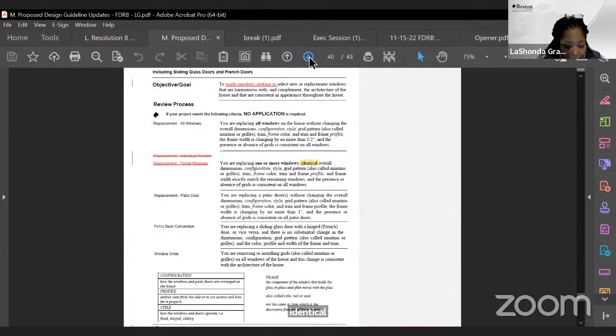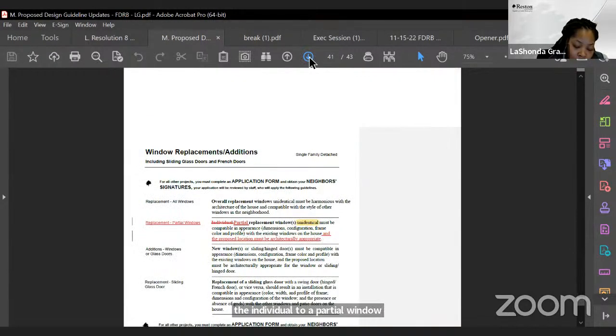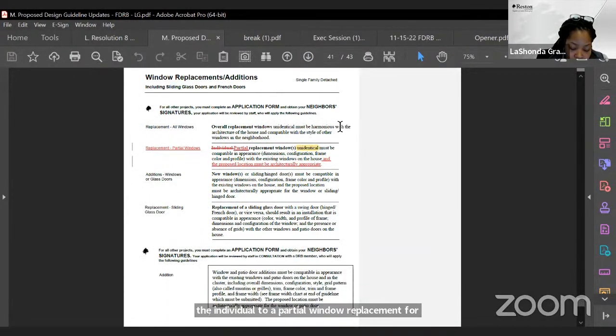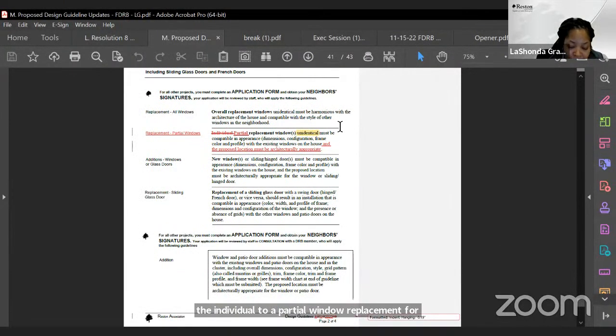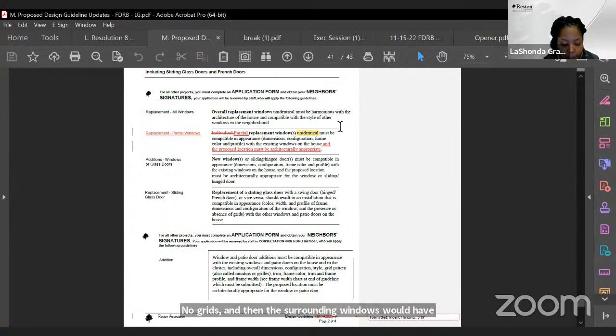And for staff reviewable, we also changed the individual to a partial window replacement for non-identical window replacements. And this would be something such as if an applicant is asking for a picture window with no grids, and then the surrounding windows would have grids, that this could be staff reviewable as long as the location is architecturally appropriate.